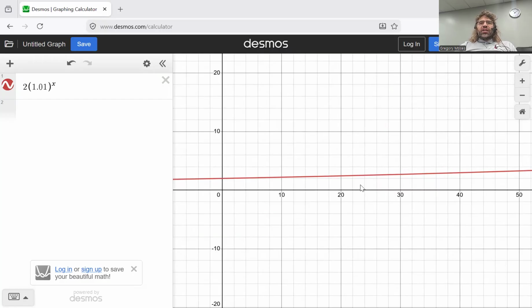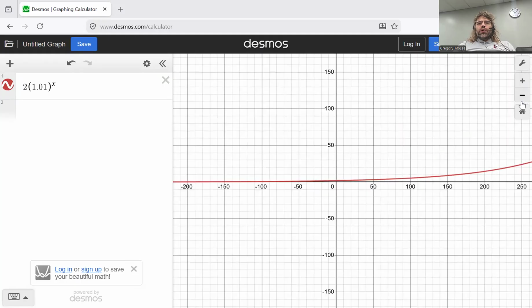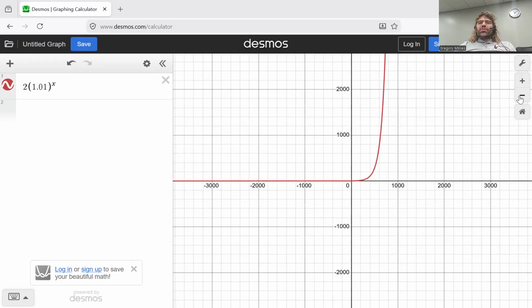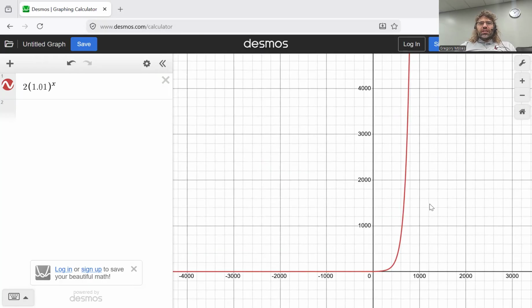It's increasing, but it's not increasing quickly. Because it's concave up, however, it eventually starts to pick up steam and increase very quickly indeed. So potentially slow initial growth, followed by extremely fast growth.